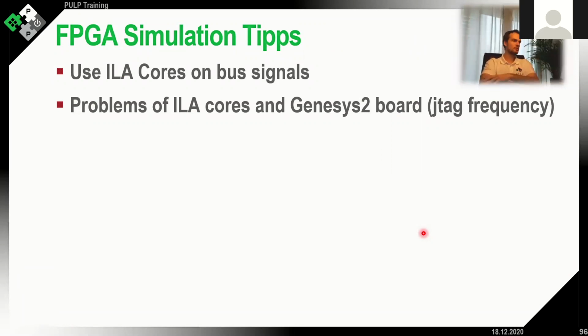For those of you who are not familiar with that particular feature of Xilinx FPGAs and Vivado, in case you have to debug issues on the FPGA, or you want to debug an issue where you could benefit from the speed up of an FPGA compared with RTL simulation, there is a really nice feature in Vivado: you can instantiate so-called ILA cores, integrated logic analyzers, that allow you to probe any internal signal of your design like you would with QuestaSim.